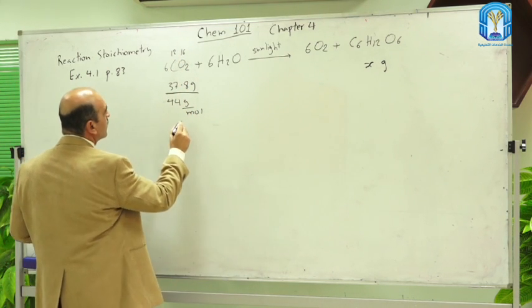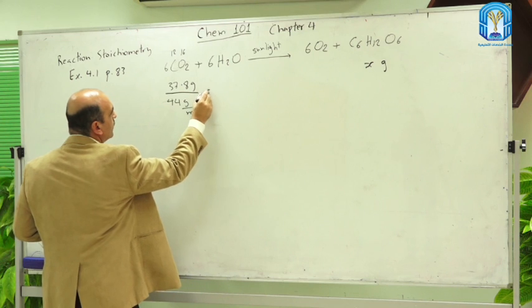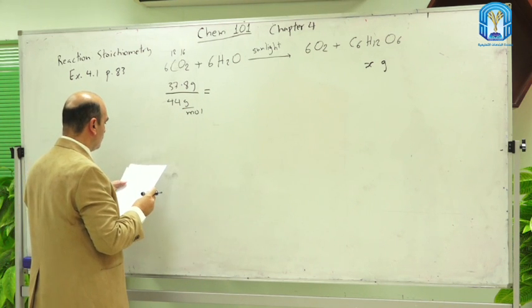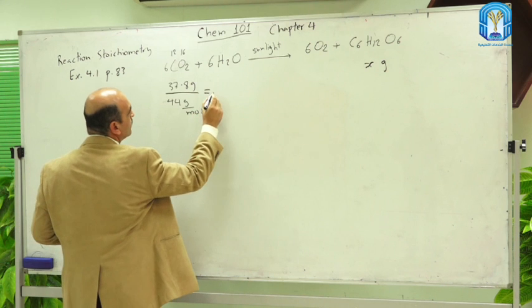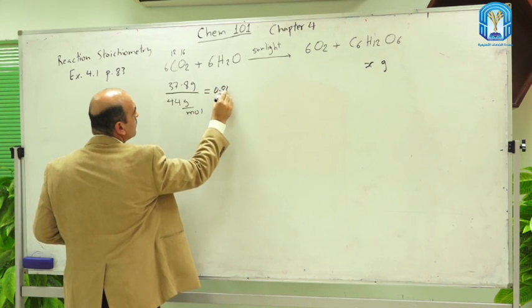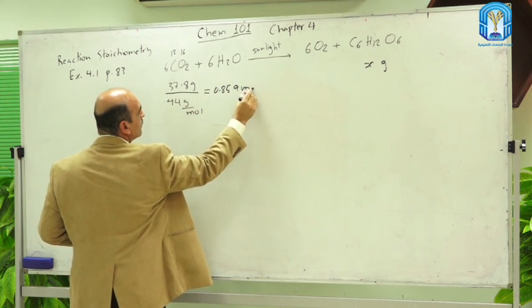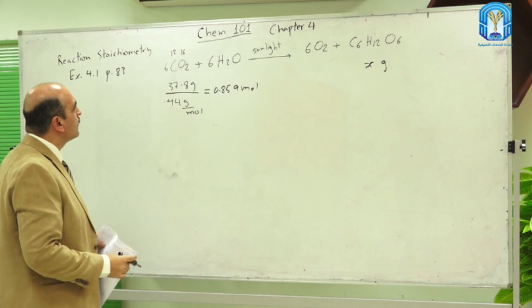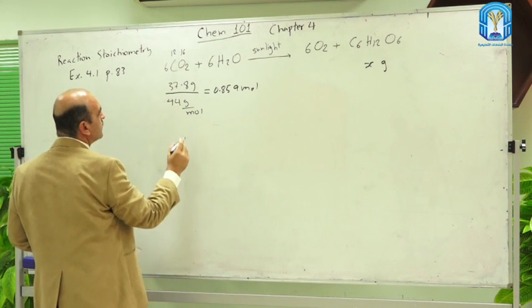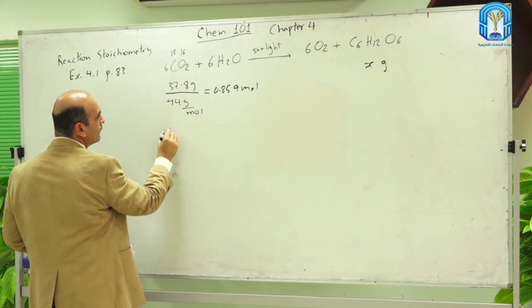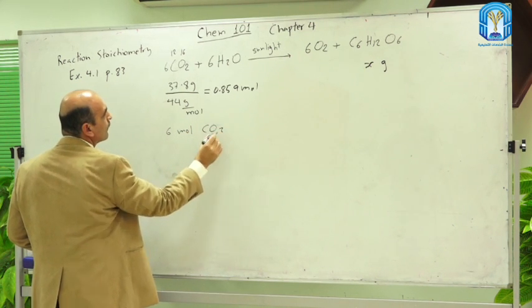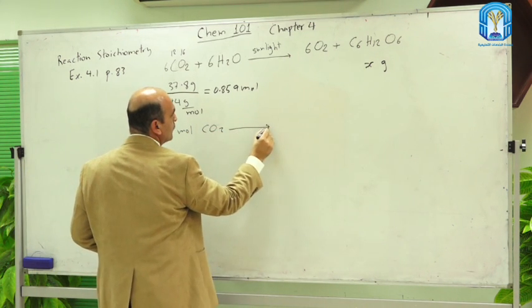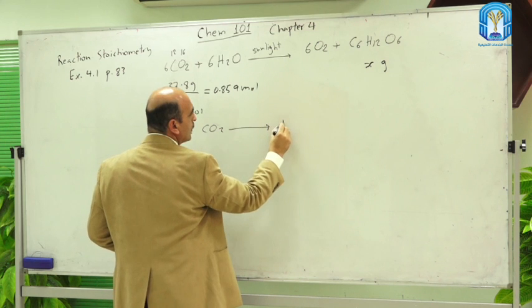And this we calculated, it is equal to 0.859 mole. Now we have 6 moles of carbon dioxide. This produces 1 mole glucose.